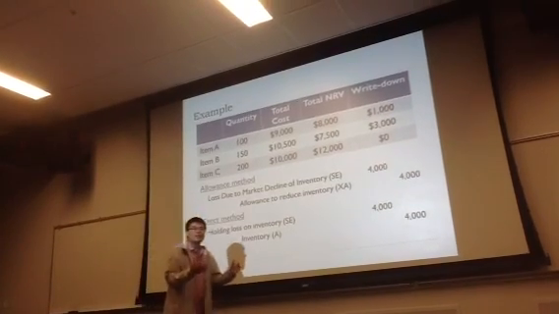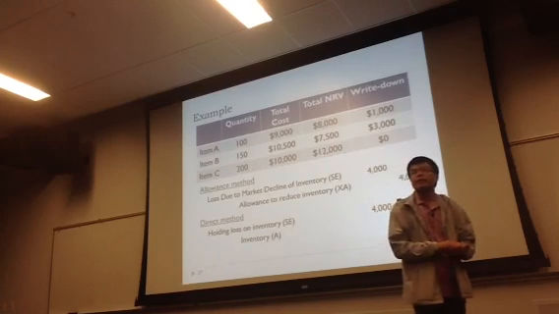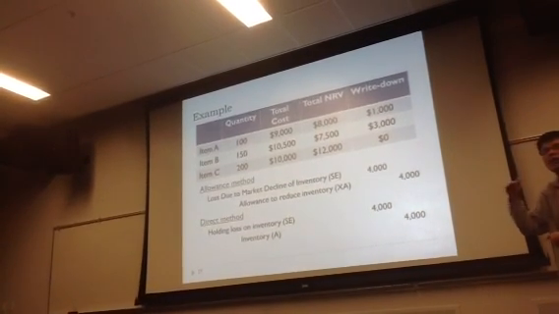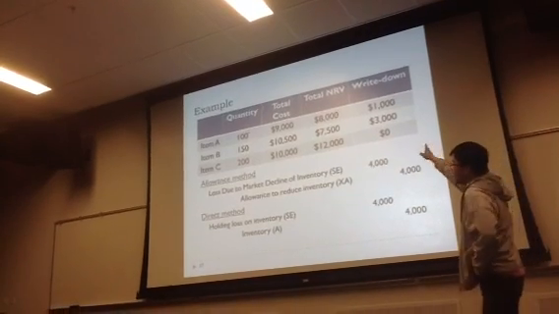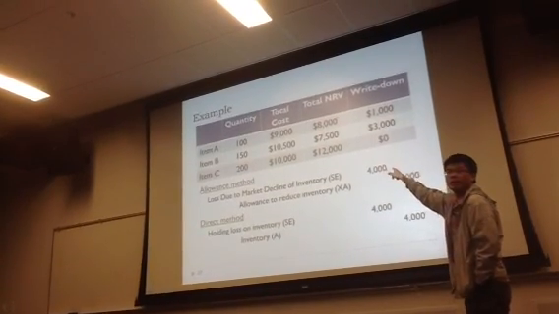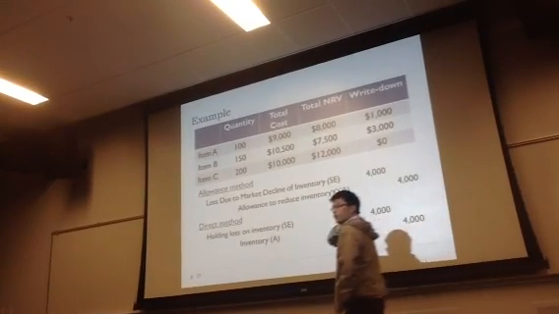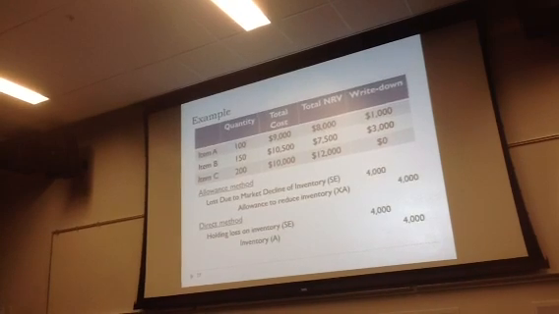So basically, your first step is to calculate the cost and the NRV for every single item. Step 2 is to check, for every item, whether the cost is lower than the NRV, so that you are able to take the lower of the two. For item A, the lower of the two is $8,000.